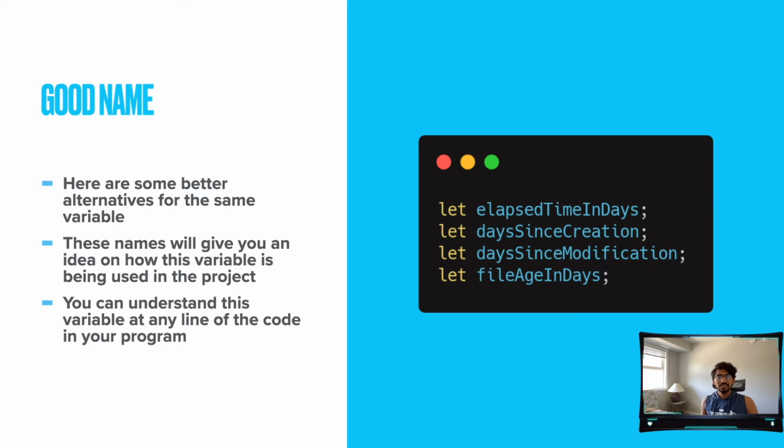So here are some better alternatives for that variable: elapsed time in days, days since creation, days since modification, file age in days. If you look at these names, you can answer all three questions. You know how it's going to be used in your code. You can have an idea what kind of value it's going to store and why it exists in your code base.